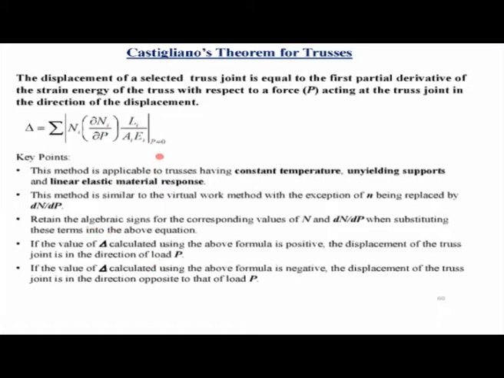So before I go into an example, I just wanted to mention some key points about this Castigliano's theorem. First of all, this method is applicable to trusses having constant temperature, unyielding supports, and linearly elastic material response. So this cannot be used for calculating deformations due to temperature changes like we did for the virtual work method, or for support displacements.